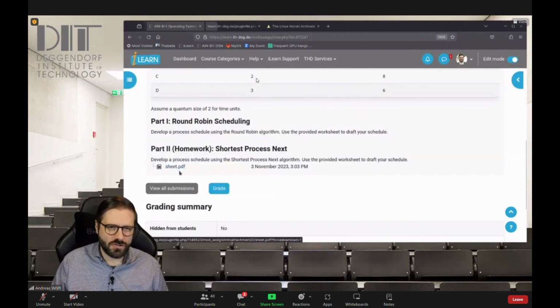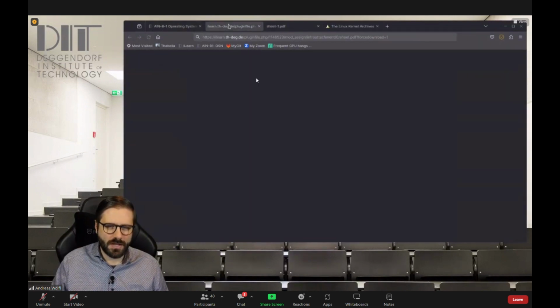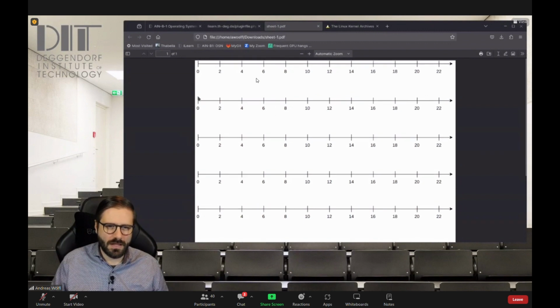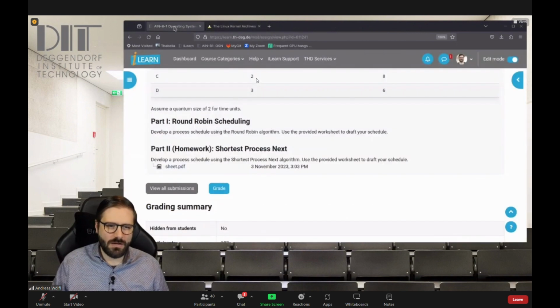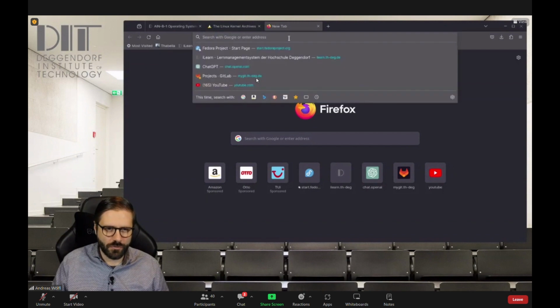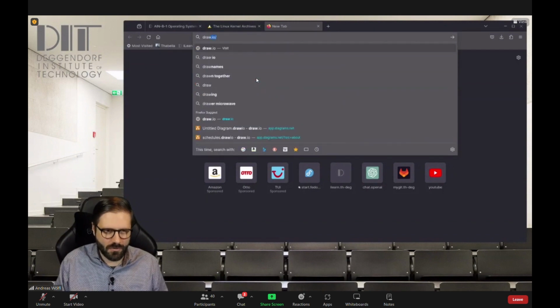So I have attached a sheet that you can print out at home, and it has a timeline there. And on the timeline, you can then enter your solution. But as we are online, what I want you to do is use Draw.io.